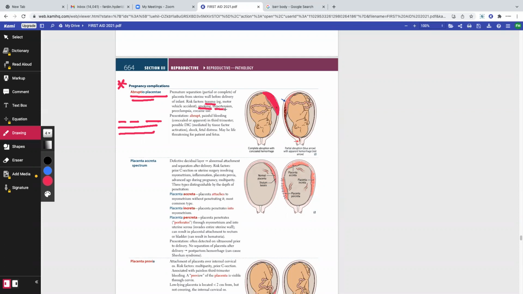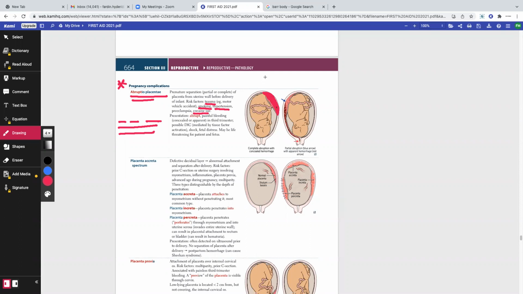Next one is hypertension. If we have hypertension, with an excessive amount of blood pressure going through, can we expect that high blood pressure to push the placenta out so that it's not attached very well? The answer is yes. Same way, if there's a mother who is abusing cocaine, is cocaine a vasoconstrictor or a vasodilator?